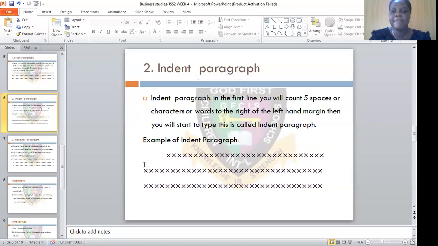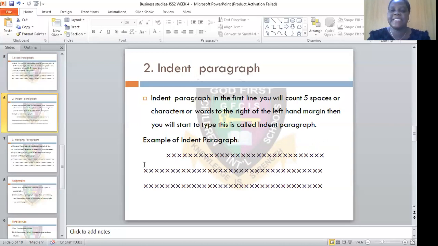Indent paragraph. Repeat that after me. Indent paragraph. Very good. Indent paragraph is a bit different from the block paragraph, though they have some things in common.